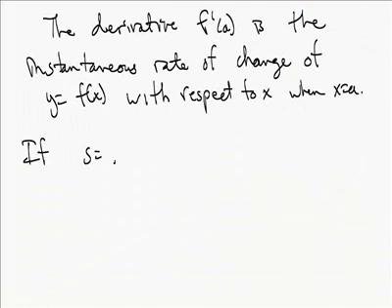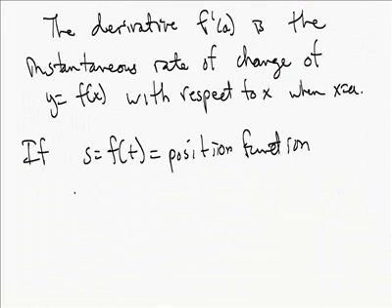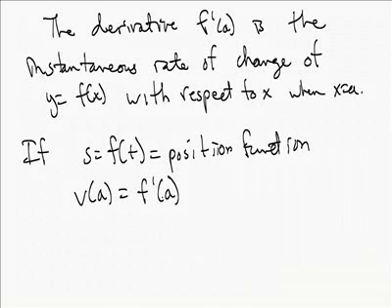And again, if you think of a function, we talked about this a little bit in previous sections, if s equals f of t is your position function, well, then f prime of a gives your velocity, that instantaneous rate of change. That's your velocity.